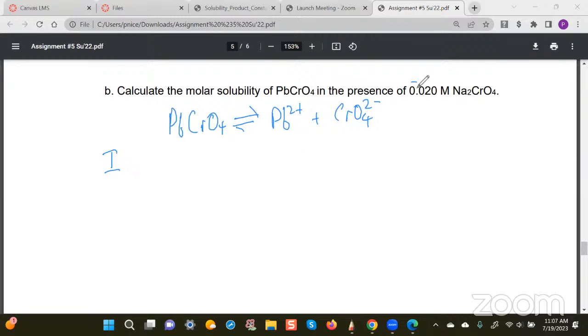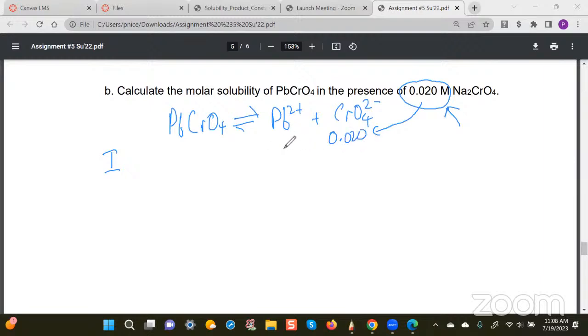Let me give you a little hint. That's a hint right here. Is it that you're going to have some dissolved CrO4 at the beginning? Exactly. So basically this number will go here as the initial concentration of the chromate.